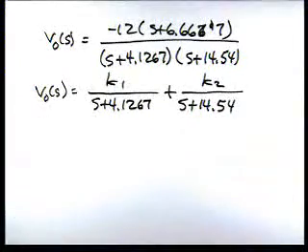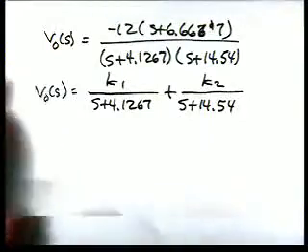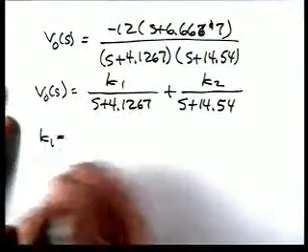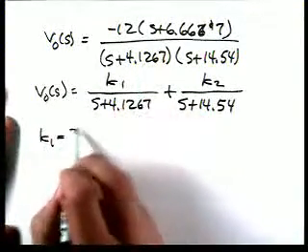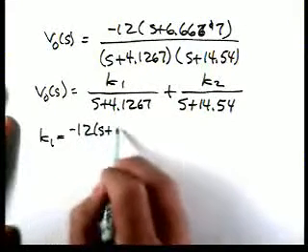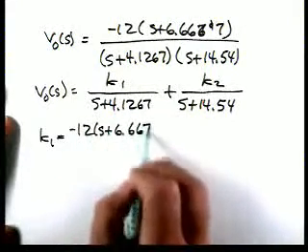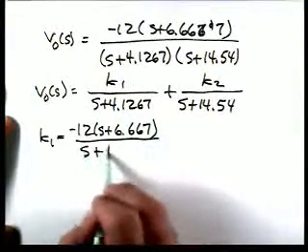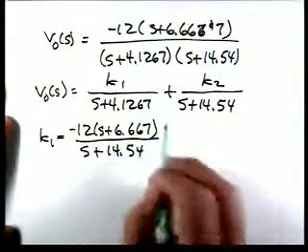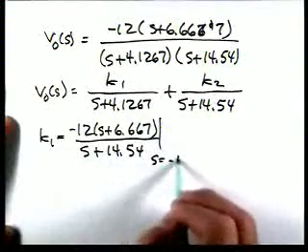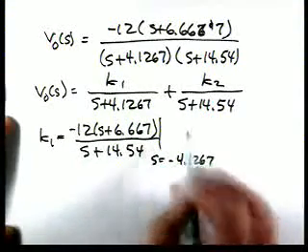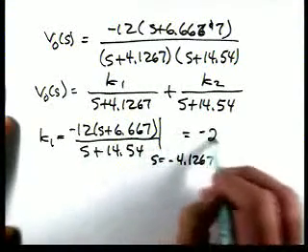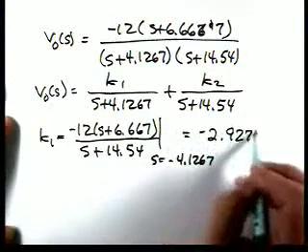Now solving for K1, we multiply through by this term, and then let S equal minus 4.1267. That gets us minus 2.9274.